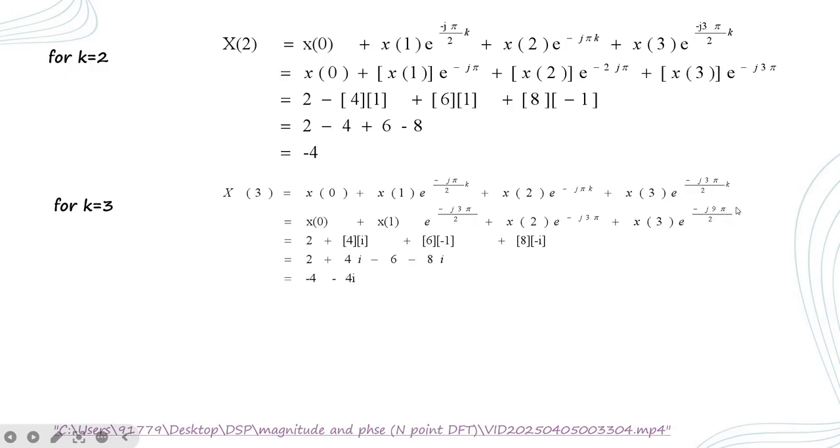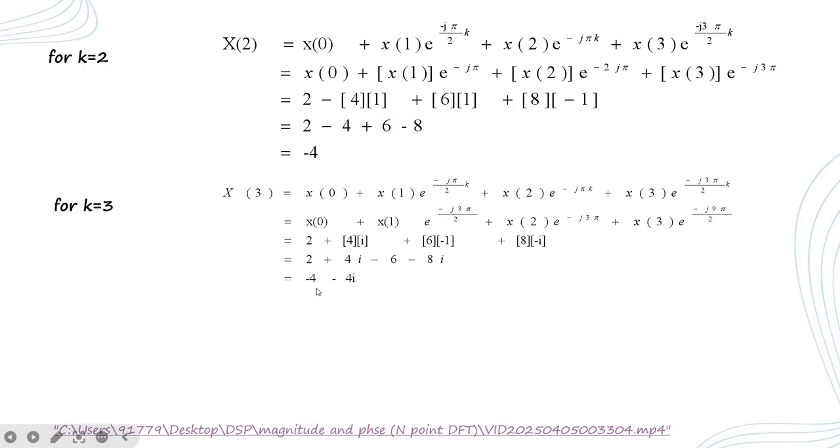Now again you simplify these all terms by using cos theta minus j sin theta. So you will get x of 0 is 2 plus x of 1 is 4. When you simplify this term, you will get it as i. Similarly, x of 2 is 6. When you simplify e raised to minus j 3 pi, you get it as minus 1 plus x of 3 is 8. E raised to minus j 9 pi by 2 is minus i.